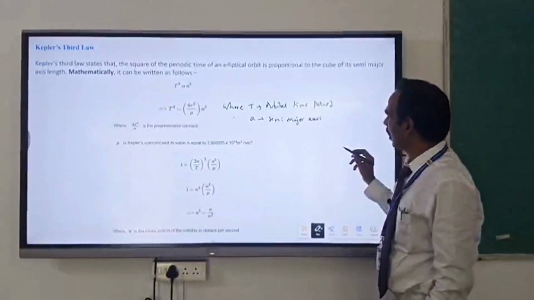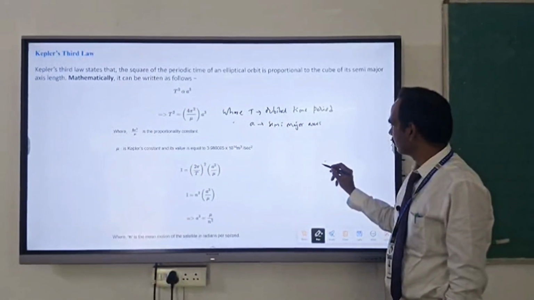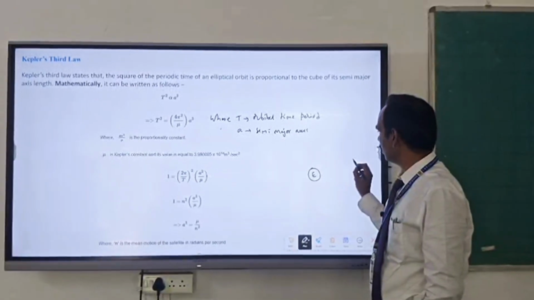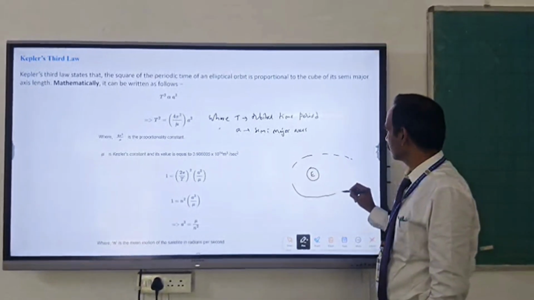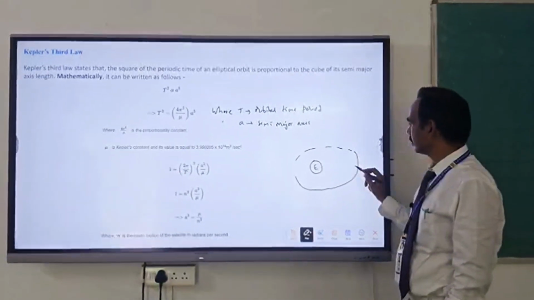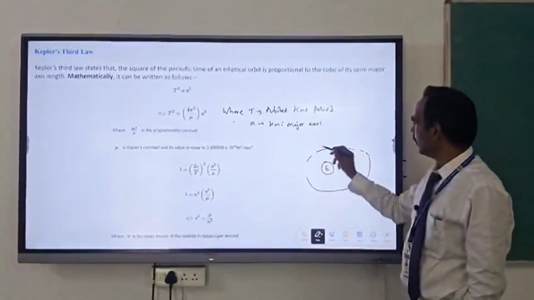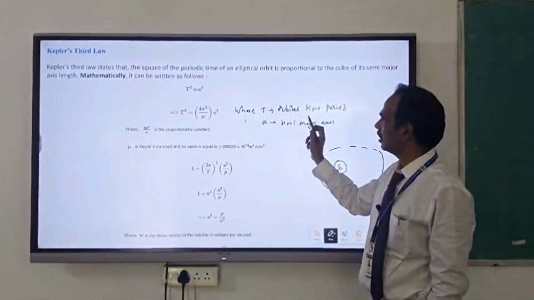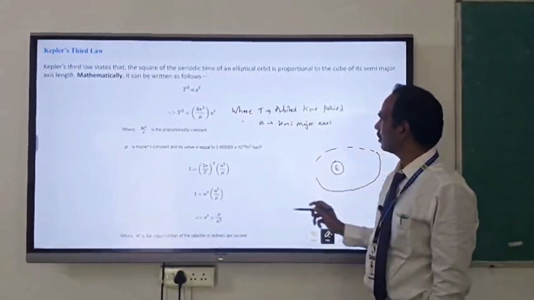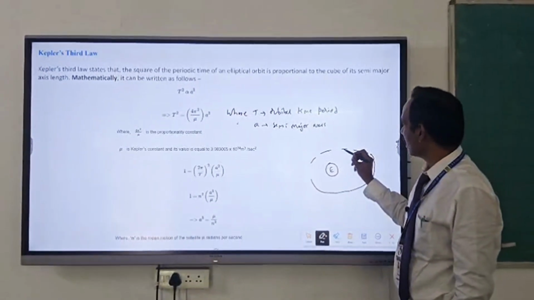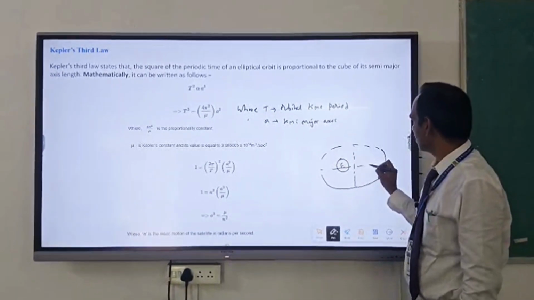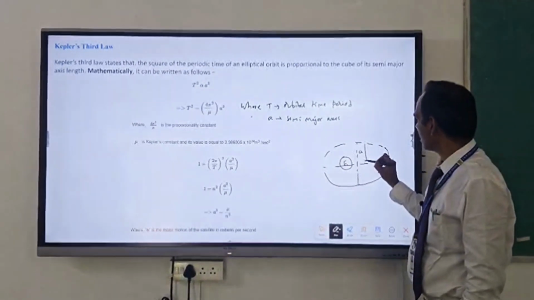The definition of Kepler's third law: orbital time period. If this is the Earth, this is the orbit of the satellite. The time taken to complete one orbit is the orbital time period T. This is directly proportional to the semi-major axis. If you see the ellipse, A is the semi-major axis.